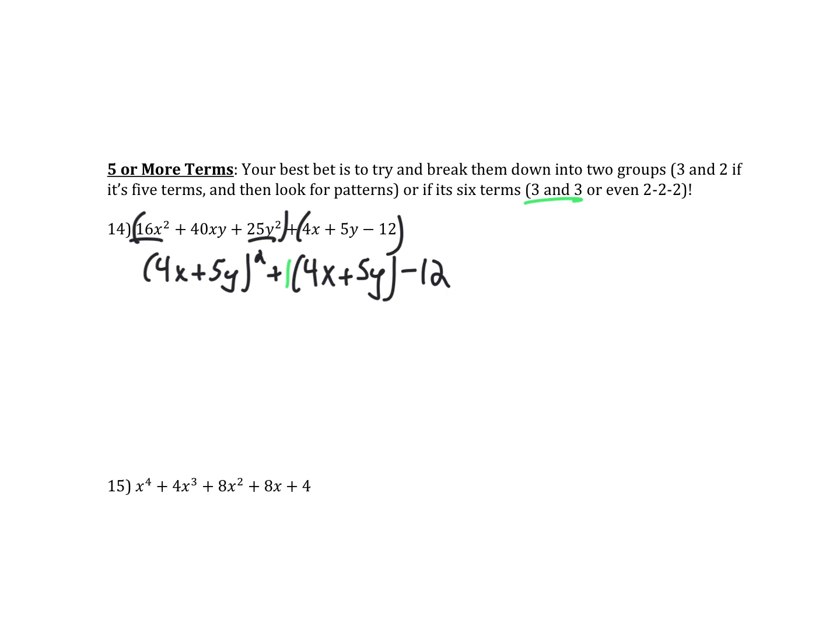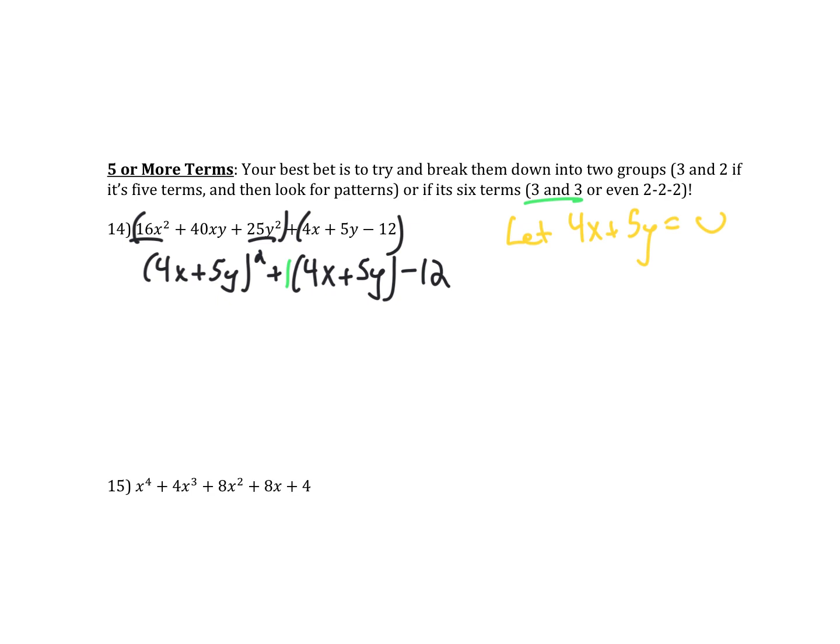Now I'm going to do a little substitution. We're not always going to do this, but I'm going to do this right now just so you can see the pattern. I'm going to let 4x plus 5y equal, let's call it u. So wherever I see a 4x plus 5y, I'm going to replace it with a u.